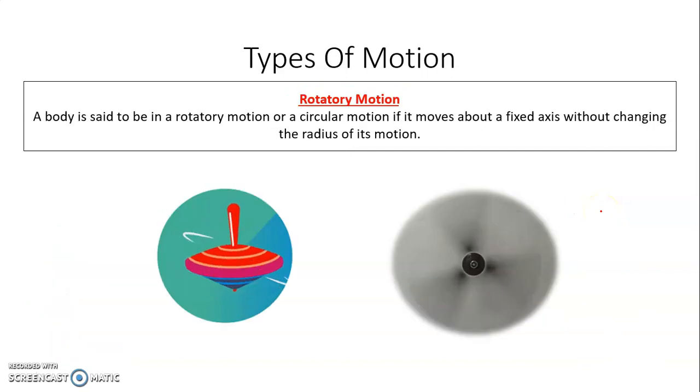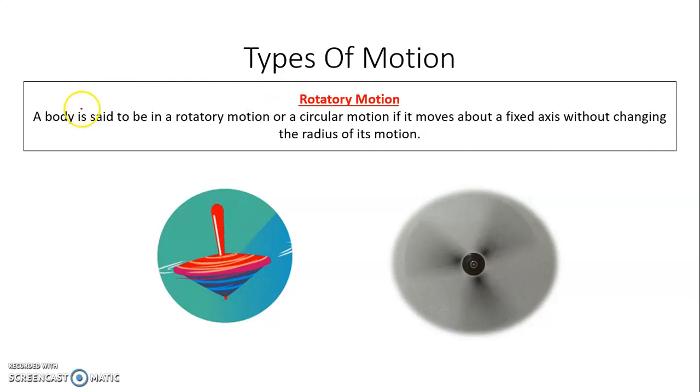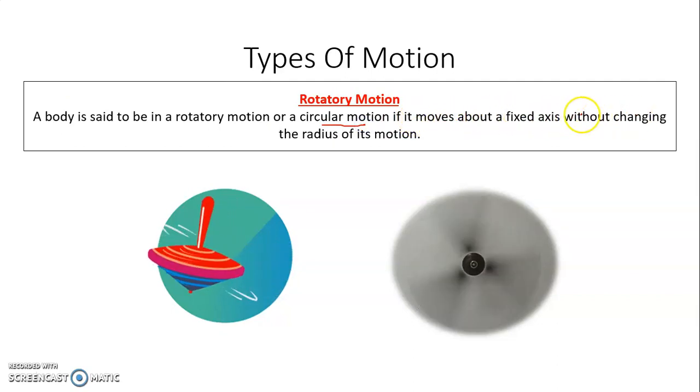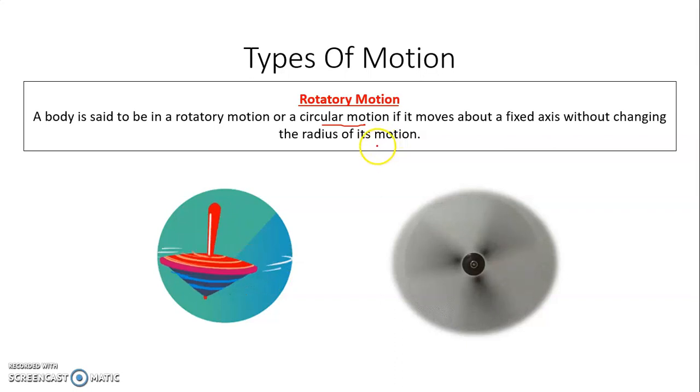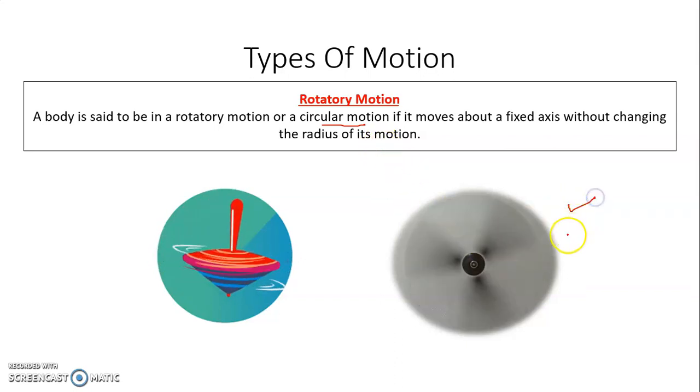Now coming to our second type of motion, that is rotatory motion. What is rotatory motion? A body is said to be in rotatory motion or circular motion if it moves about a fixed axis without changing the radius of its motion, just like a ceiling fan, just like a spinning top.